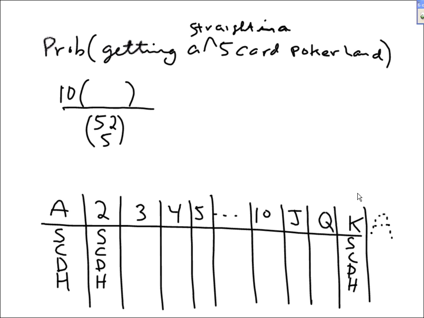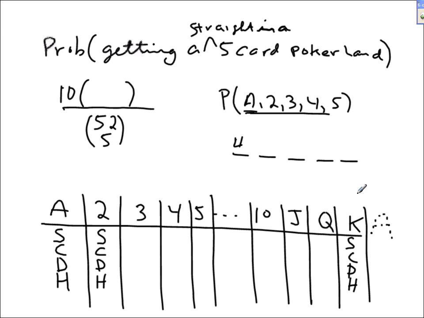Now, what is the probability that you get an ace and a 2 and a 3 and a 4 and a 5? What is the probability that you get that? So you want to get 5 cards. The first card, you want to be an ace, or any one of these 5.